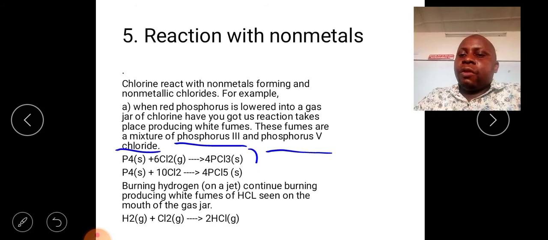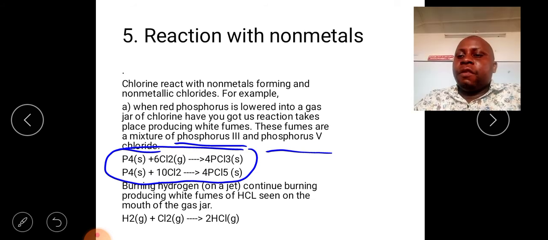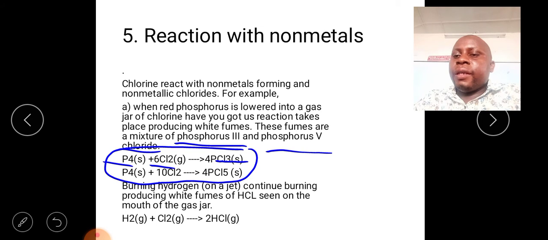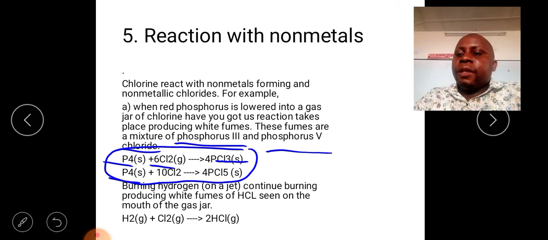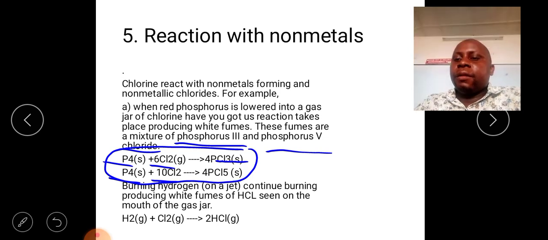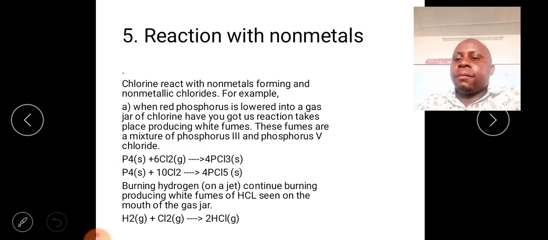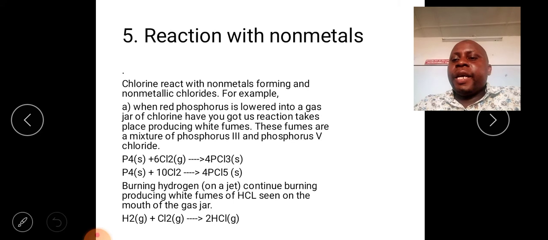These are the equations for the reactions occurring. That is, phosphorus reacts with chlorine to form phosphorus 3 chloride, and also phosphorus reacts with chlorine to form phosphorus 5 chloride.